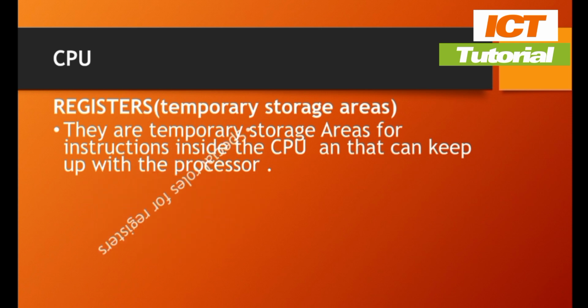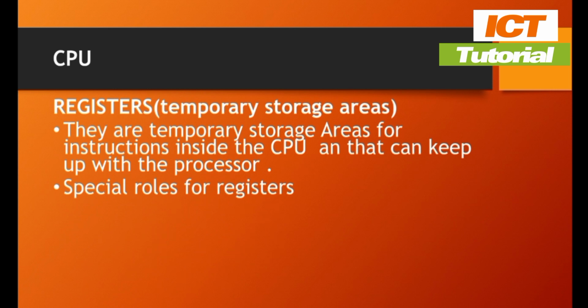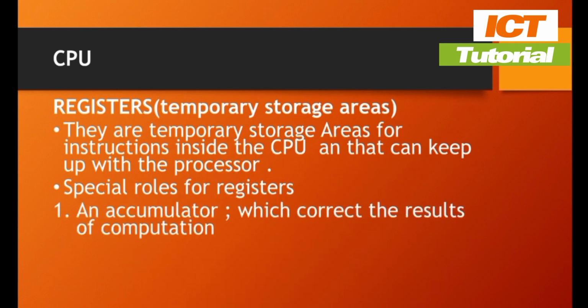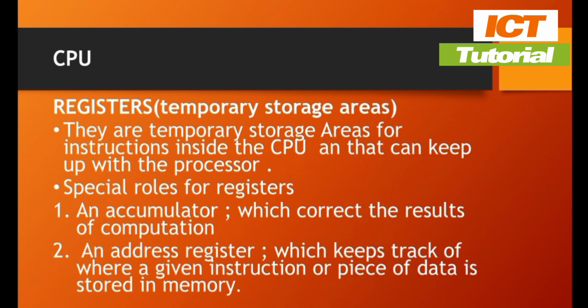These are registers. So what are the special registers? You may be asked this in the next exam or another exam: what are the special registers? An accumulator, which collects the result of computation, and an address register, which keeps track of where a given instruction or piece of data is stored in the memory.